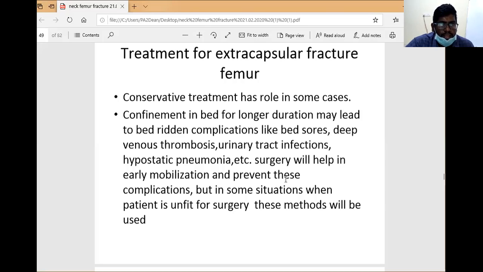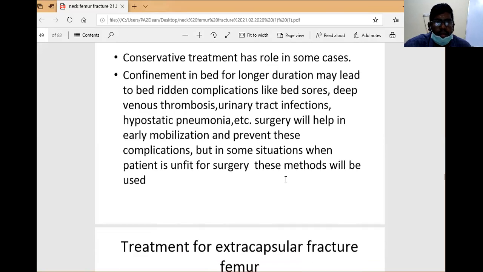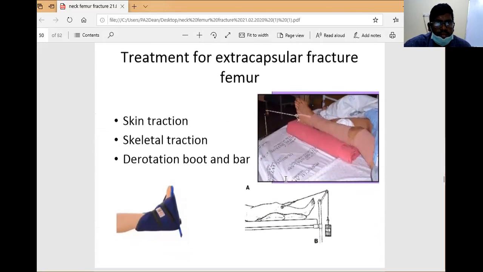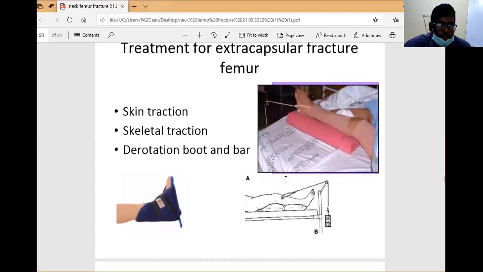So early mobilization is key in the success of fracture union, and malunion is common in conservative treatment, which means the fracture is united in varus position. In that position, the biomechanics are altered. Conservative treatment can be skin traction or skeletal traction.